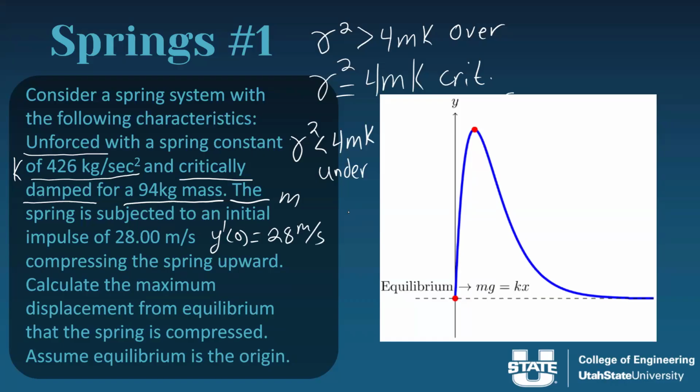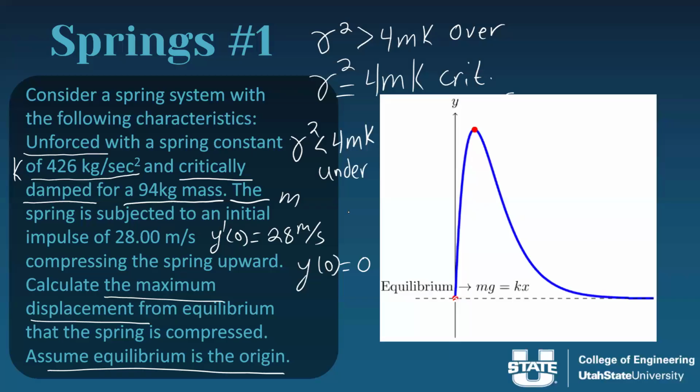Additionally, we're starting right here at the origin, so our y of 0 is also 0. It's compressing the spring upward. Calculate the maximum displacement from equilibrium that the spring is compressed. Assume the equilibrium is the origin.